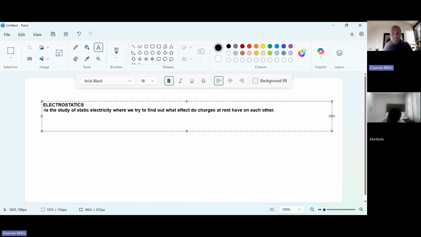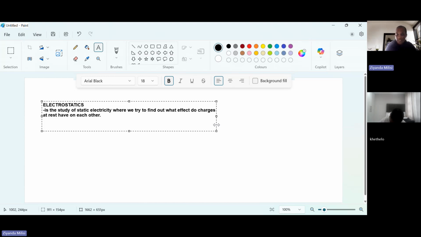So here we are studying charges that are at rest. Take note of the word static electricity. Can you see that word, static electricity?